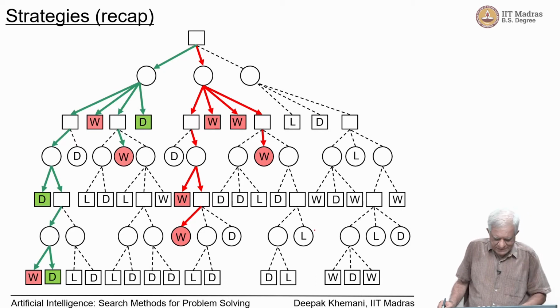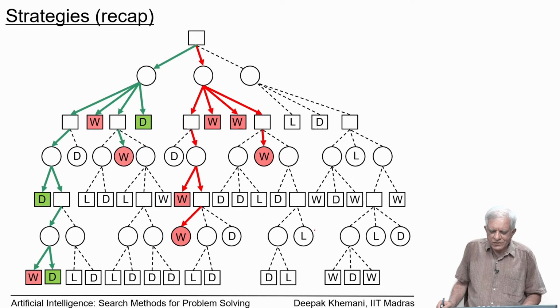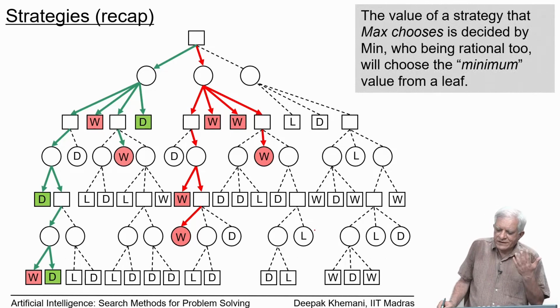Now, you can see that once max has frozen its choices, it is up to min to decide where the game will go, essentially. The value of the strategy that max chooses is decided by min, because max's choices are frozen, and it is only min who can choose now, and who, being also rational, will choose the minimum value from a leaf. If you look at the red strategy on the right, you can see that all its leaves are labeled with W, essentially.